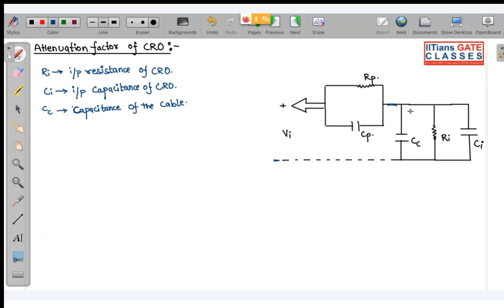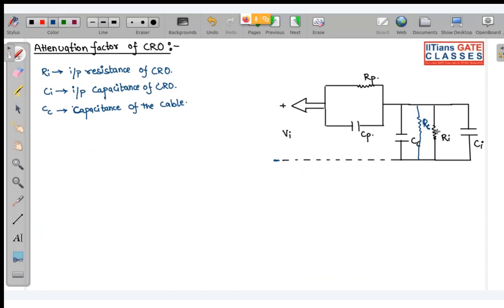Why not in parallel? If suppose there was a resistance of cable in parallel, what would have happened? There would be leakage of signal.